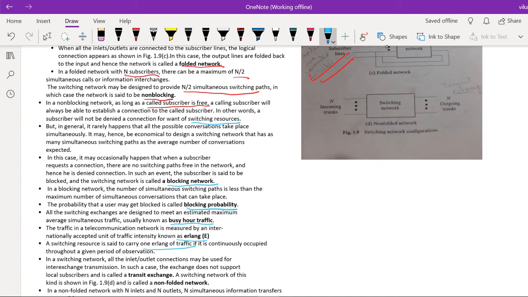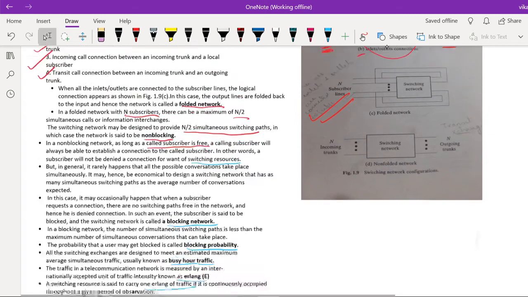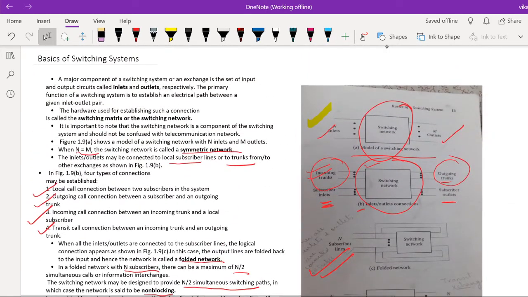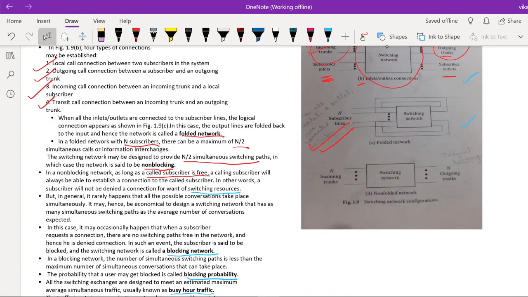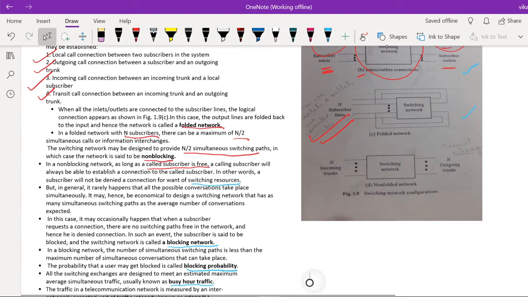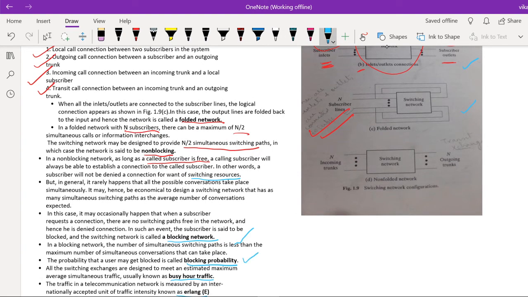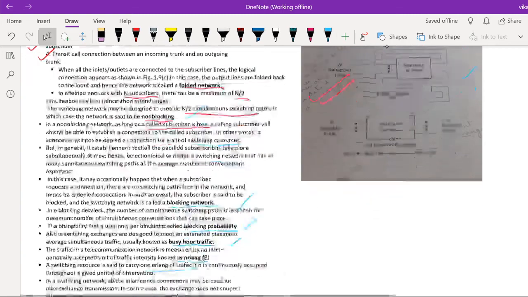Now, we have discussed the basic model, then the inlets and outlets via 4 connections which are available, then a folded network, and then we have just now discussed what is a blocking network, what is blocking probability, what is busy hour traffic, what is a non-blocking network.